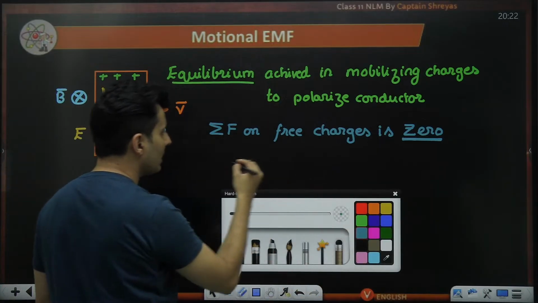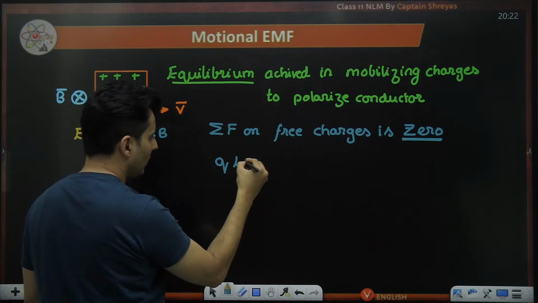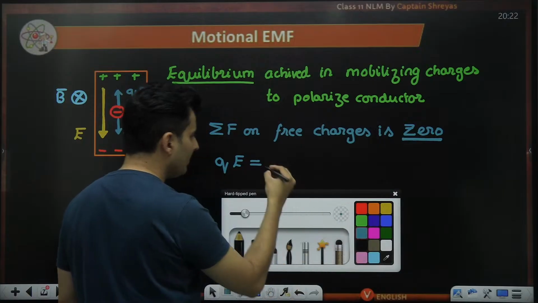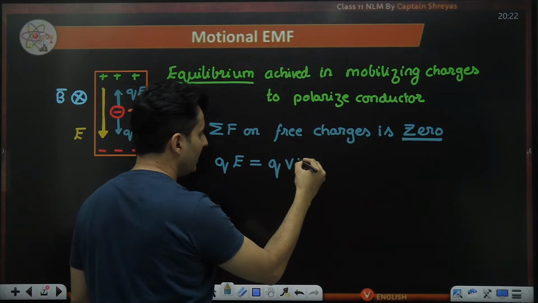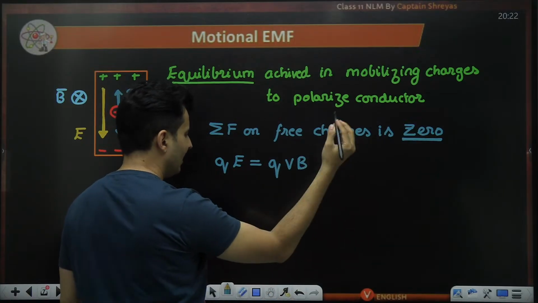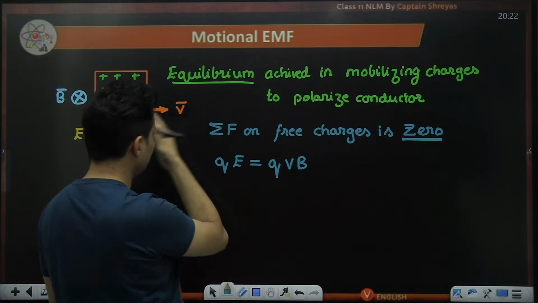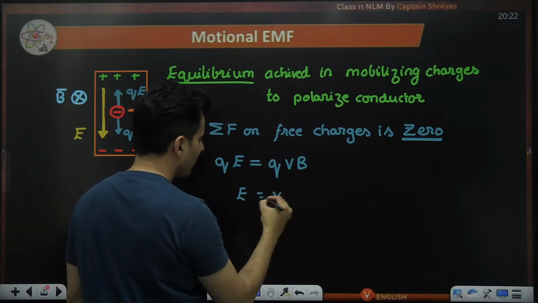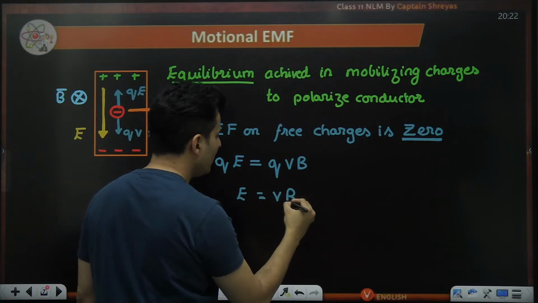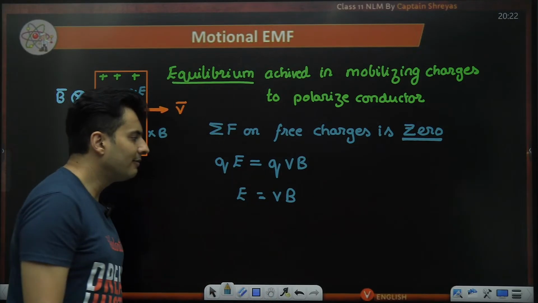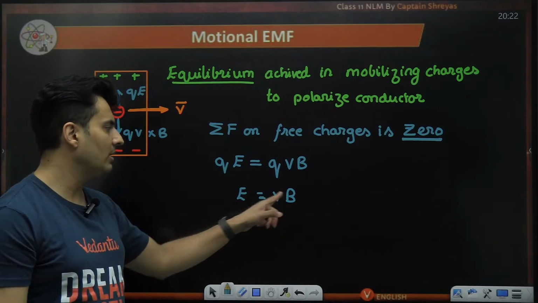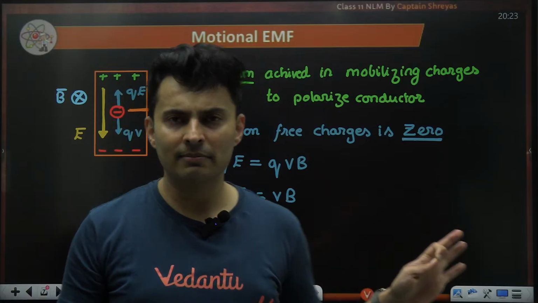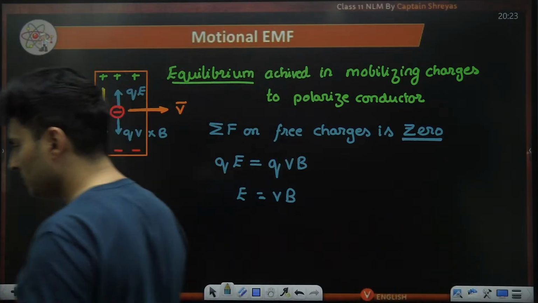And I can clearly say charge into the electric field will be nothing but charge into V into B into sine theta if required, but in this case it is sine 90. QQ cancels. So E will be nothing but V into B. This V is velocity, B is magnetic field, E is electric field. Is that absolutely clear, everyone? Till this point, give me a thumbs up.